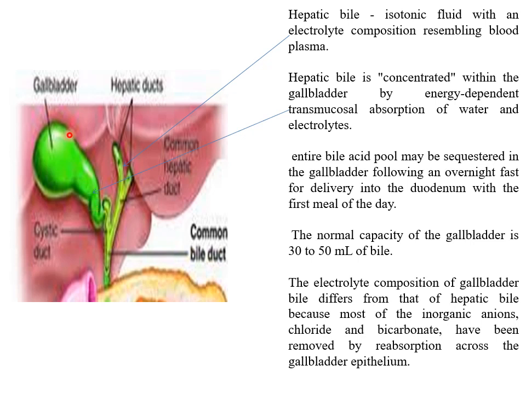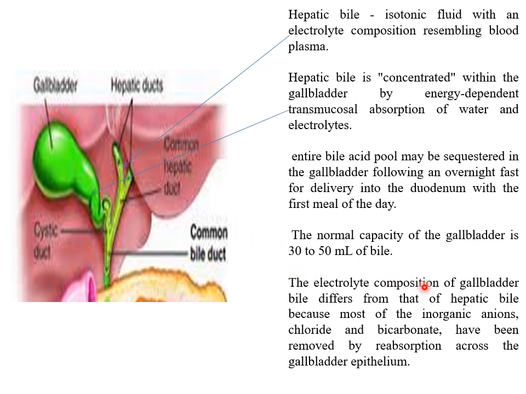The whole bile acid pool can be sequestered in an overnight fast. When you're fasting, naturally the bile will not deploy into the duodenum. So the whole bile acid pool will be sequestered in the gallbladder. The capacity is 30 to 50 ml.